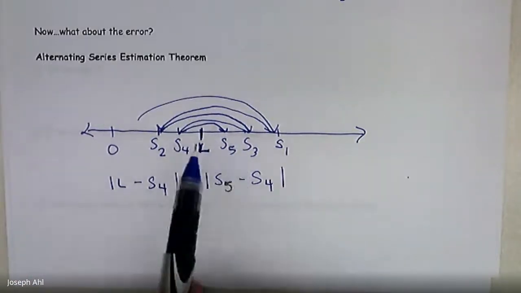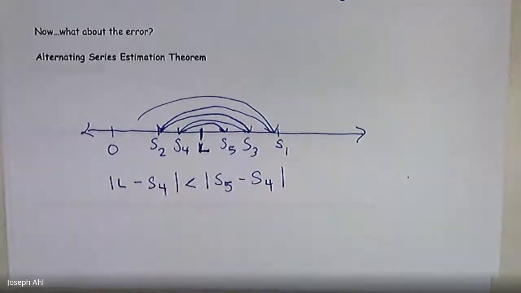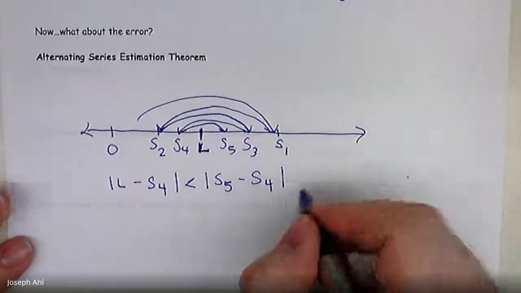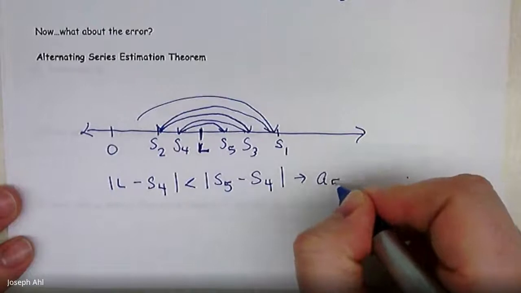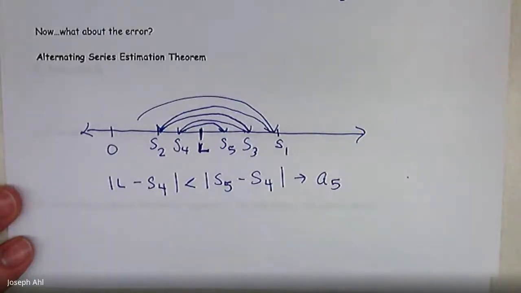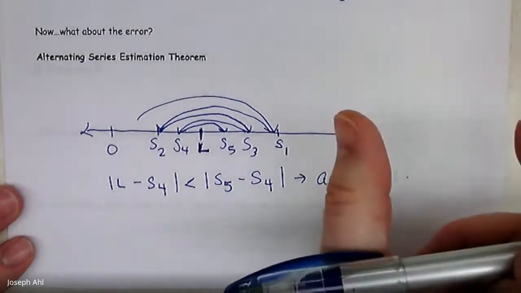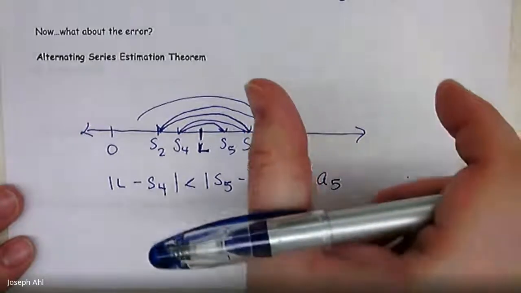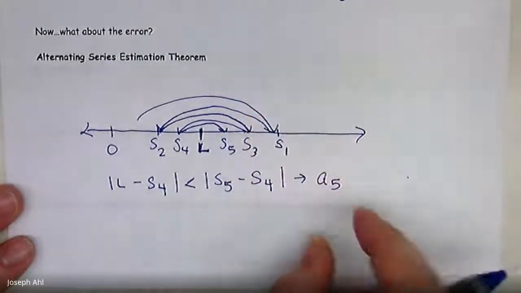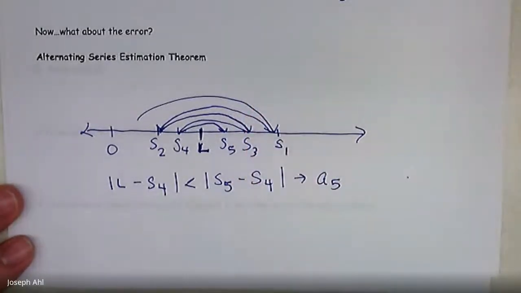If we're converging upon that limit, I hope that this statement makes sense to you. And we know that S5 minus S4 is just the fifth term, a sub 5. If you take the partial sum of 5 terms minus the partial sum of 4 terms, you're just left with whatever the fifth term is.